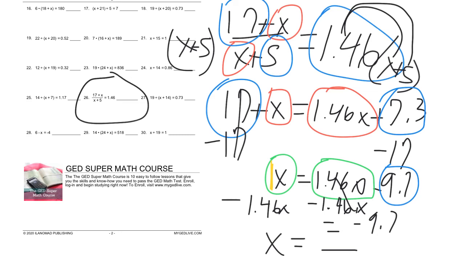So if I subtract a minus 1.46x from that, then I'm going to get a minus 0.46x, and I'm just going to bring it over here to give me some extra room. So now I have a minus 0.46x equals a minus 9.7.